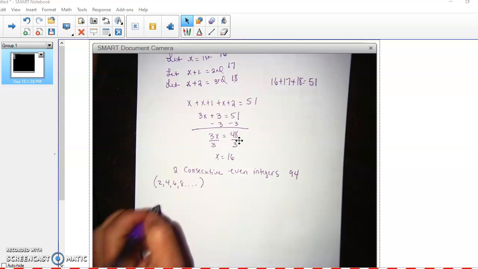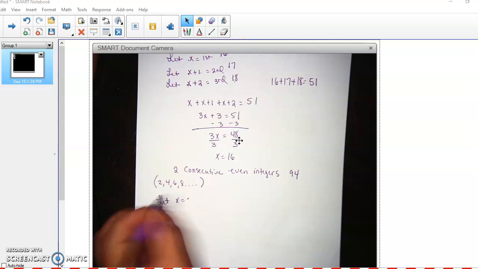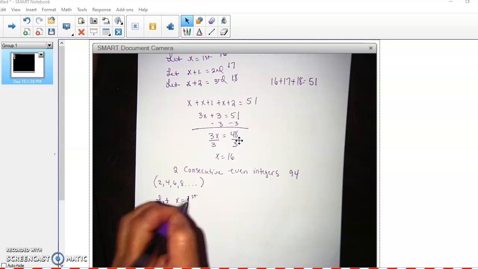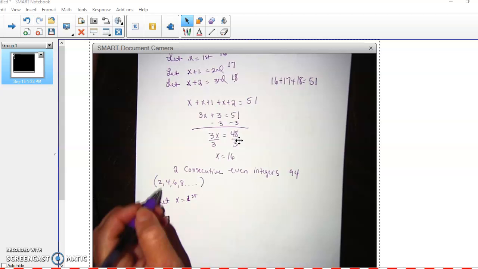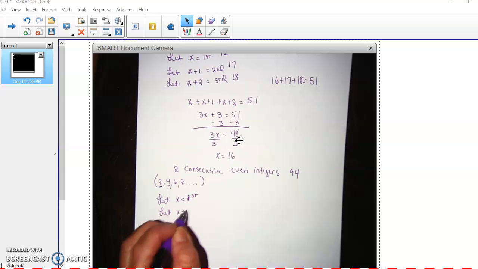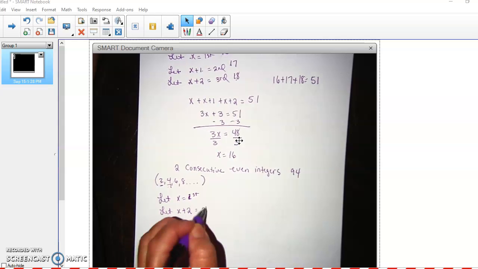Again, let x equal the first number. I was going to say 2. That's my first number. So think about this. If 2 were my first number and I want to go to the next even number, what am I doing to the x? Let x plus 2 be my second number, right?